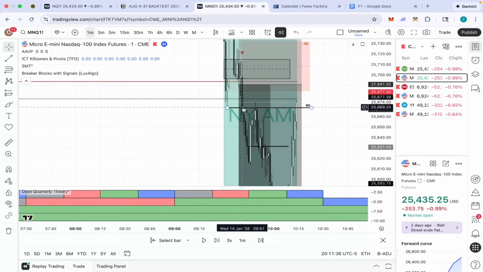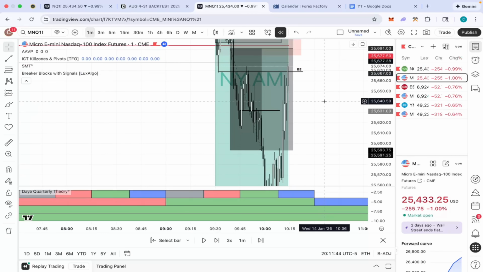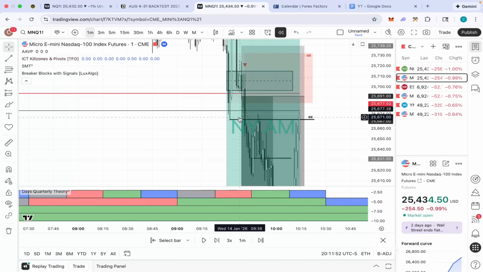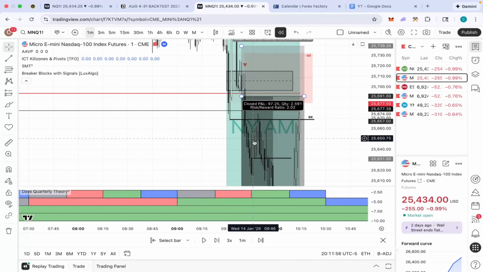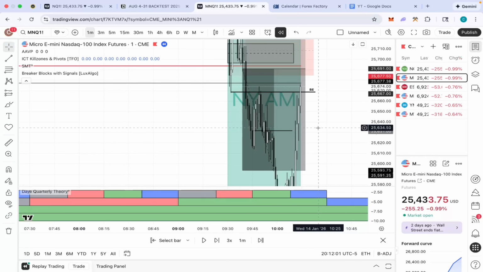I feel like waiting for the candle body closure below the internal lows or highs or specific fair value gap has helped me a lot with not getting stopped out break even, because there's been many instances where I'd move break even and I didn't get the candle body closure. The candle just wicked, it stops me out break even, and then it just continues to hit the specific drawn liquidity that I had.